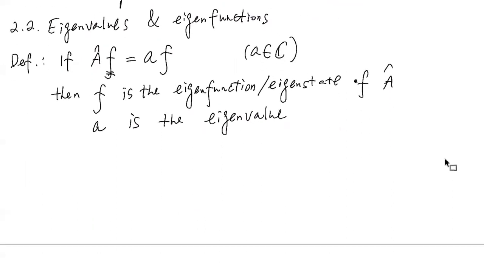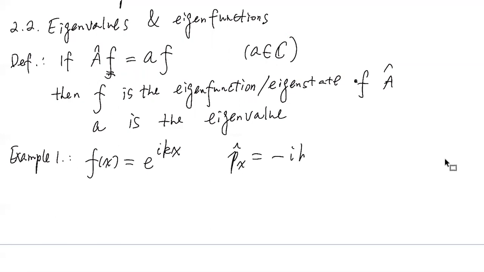Let's see several examples. Example 1. Let's consider f(x) is exponential ikx. And let's consider the px operator as negative iħ d/dx, because here we consider only the x dimension, so we can use d/dx. But in general, you can consider multiple dimensions, right?